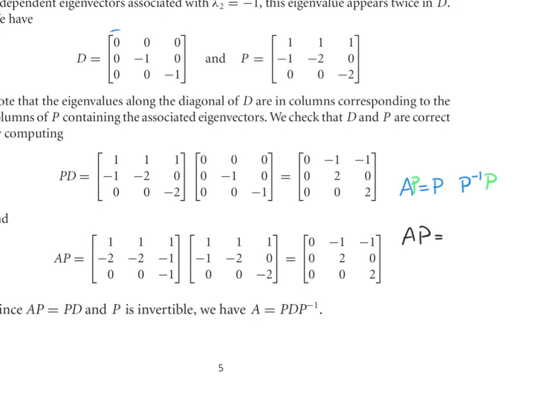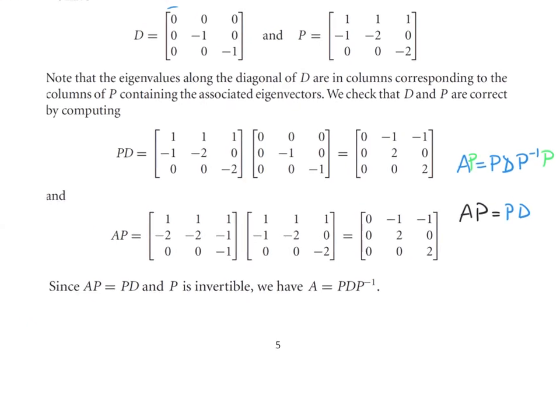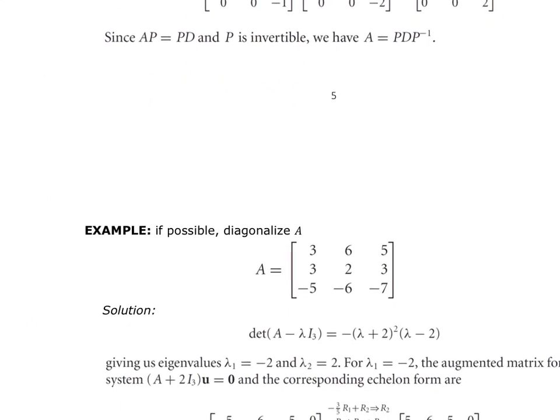This is D. Has to be P times D. That's because the order in which you multiply matrices matters. So there we have it.